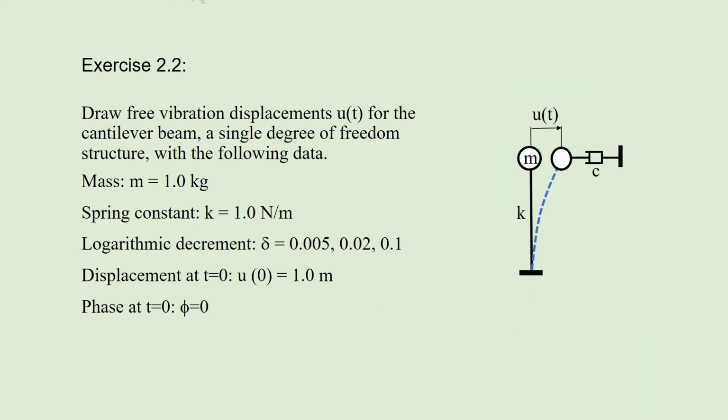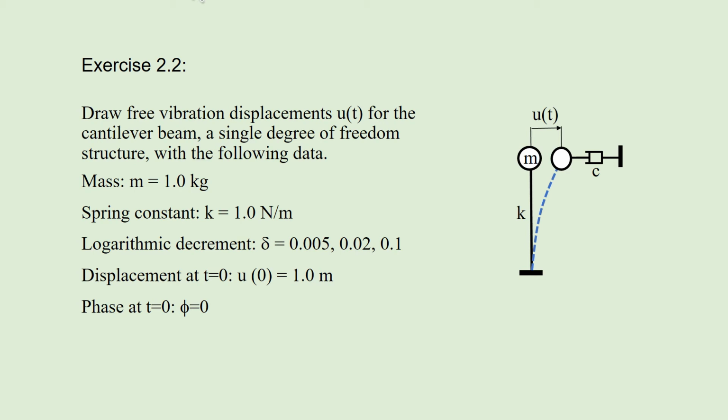Exercise 2.2. Draw free vibration displacement u(t) for the cantilever beam, a single degree of freedom structure, with the following data. Mass m equal 1.0 kg, spring constant k equal 1.0 Newton per meter, and logarithmic decrement delta equal 0.005, 0.02, and 0.1.